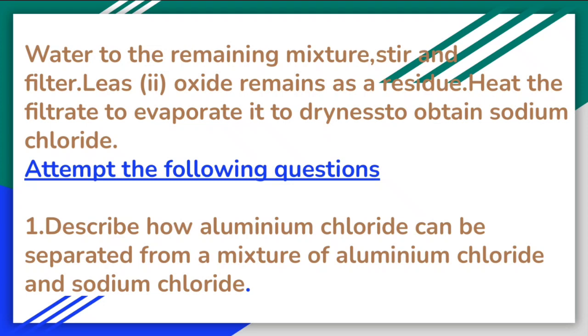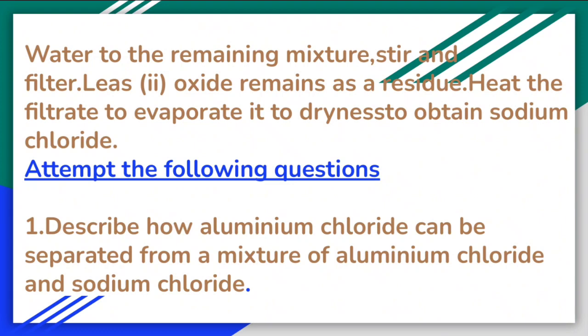So the next thing you will do, you will add water into the remaining mixture. You add water into that mixture and stir it so that the sodium chloride dissolves in the water. Then from that, you can now perform filtration. You filter so that the lead(II) oxide remains as a residue on the filter paper, while the sodium chloride passes through as a filtrate into the other container.